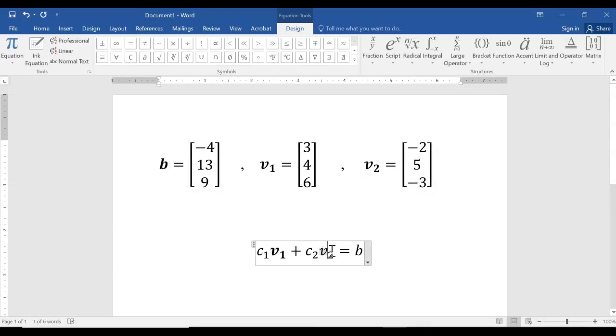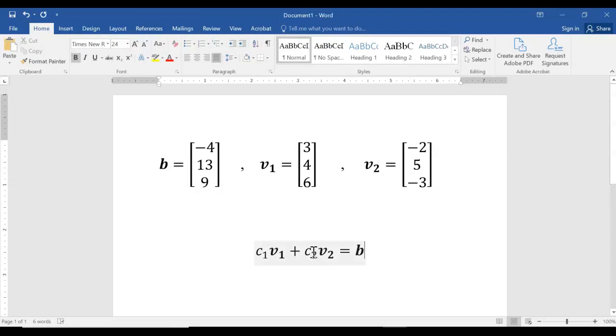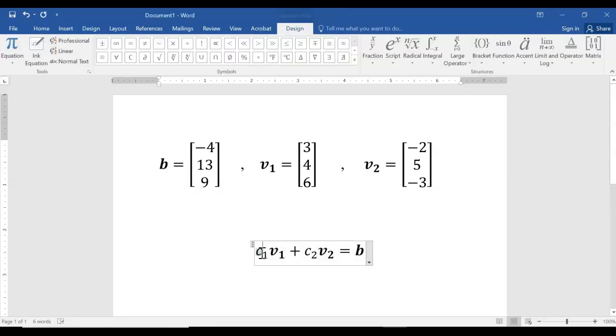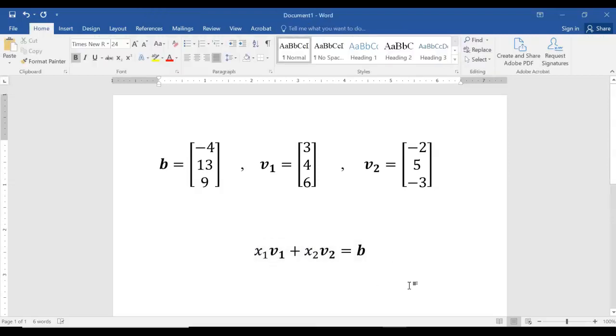Let me make those bold. Actually, because these are really variables, instead of the letter c let me use x1 and x2. Are there numbers I can plug in for x1 and x2 that make this equation true?